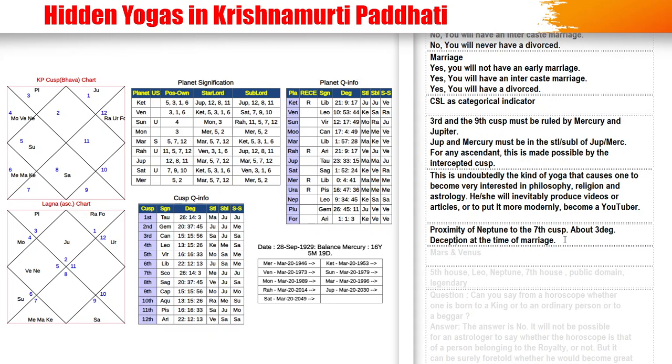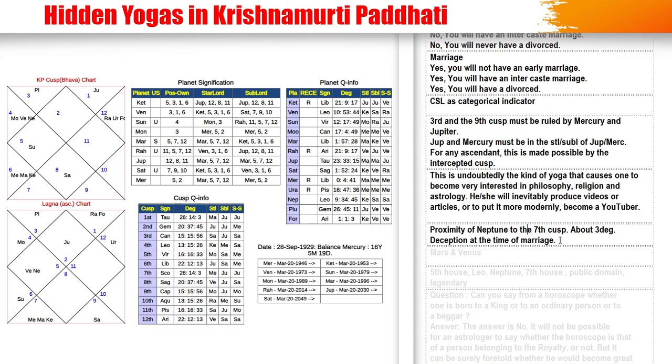When the marriage is about to happen, all the ceremonies are about to happen, just before that, there is some kind of a scandal or some kind of drama that gets unfolded in the form of a deception. It might be from either party, from the bride's or the groom's side, but the marriage is broken on account of this. So this is one very interesting rule.